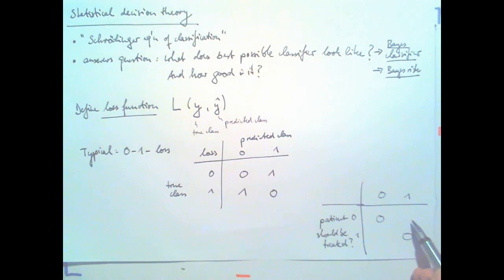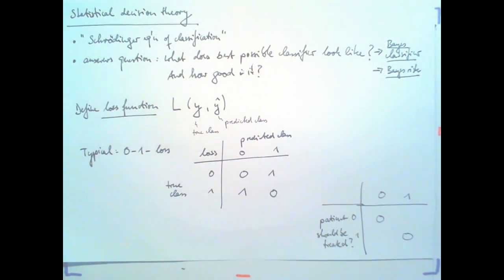But if, on the other hand, the reverse happened, that my cheap test said, no, the patient need not be treated, but in fact the patient was sick, then the patient may suffer severely and so on because he or she wasn't treated even though he or she should have been.